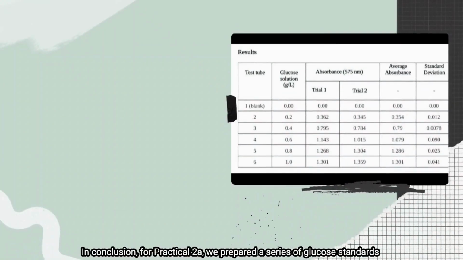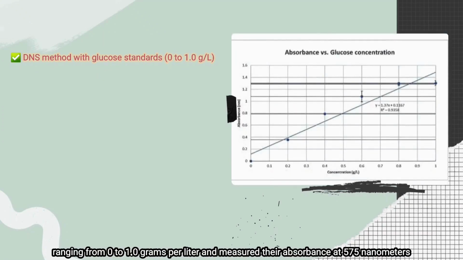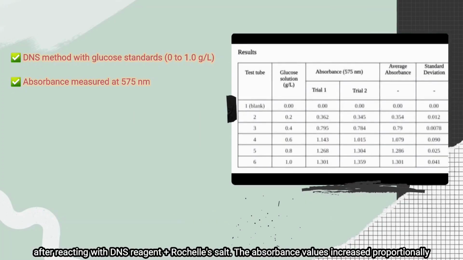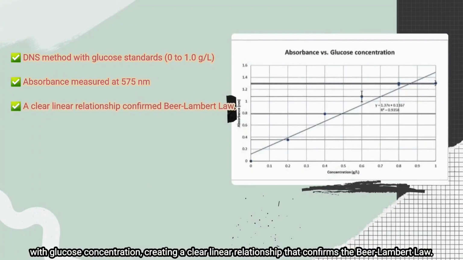In conclusion, for practical 2A, we prepared a series of glucose standards ranging from 0 to 1.0 grams per liter and measured their absorbance at 575 nanometers after reacting with DNS reagent. The absorbance values increased proportionally with glucose concentration, creating a clear linear relationship that confirms the Beer-Lambert law.